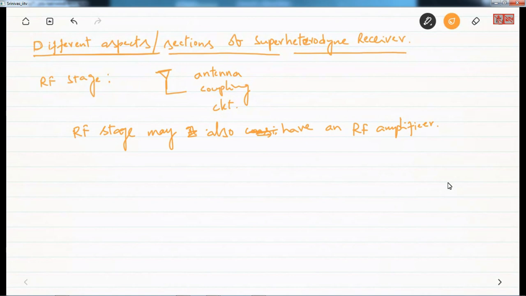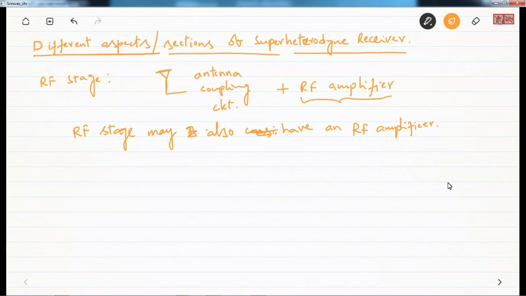What I'm saying is that in general it can be this antenna coupling circuit plus an RF amplifier, but not all receivers may have this RF amplifier.